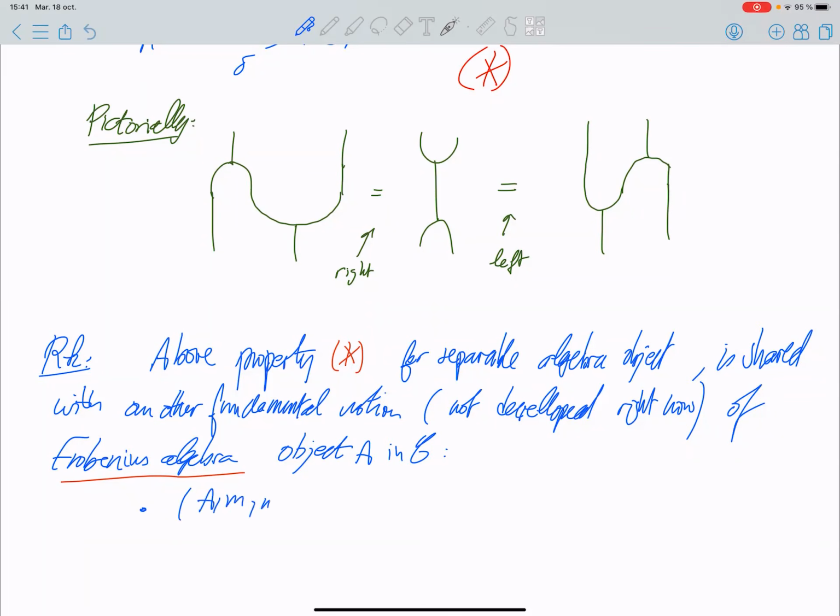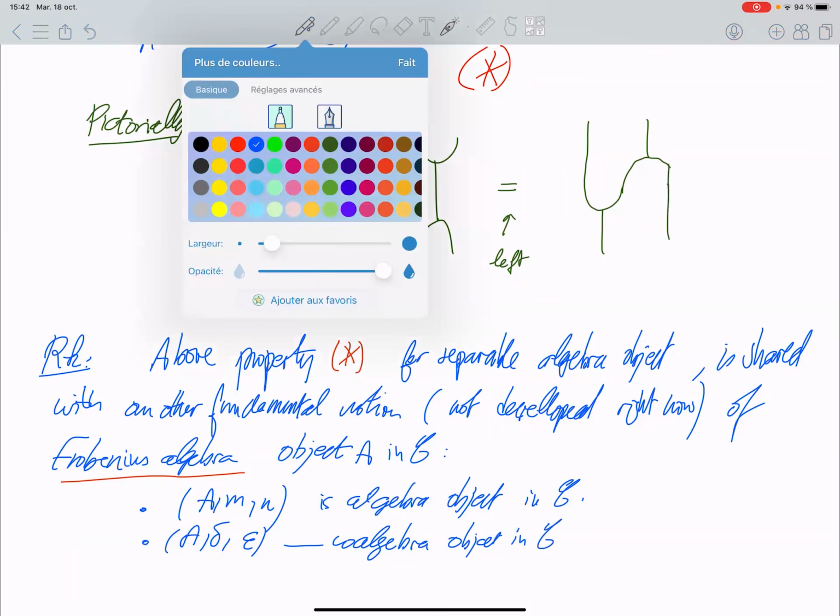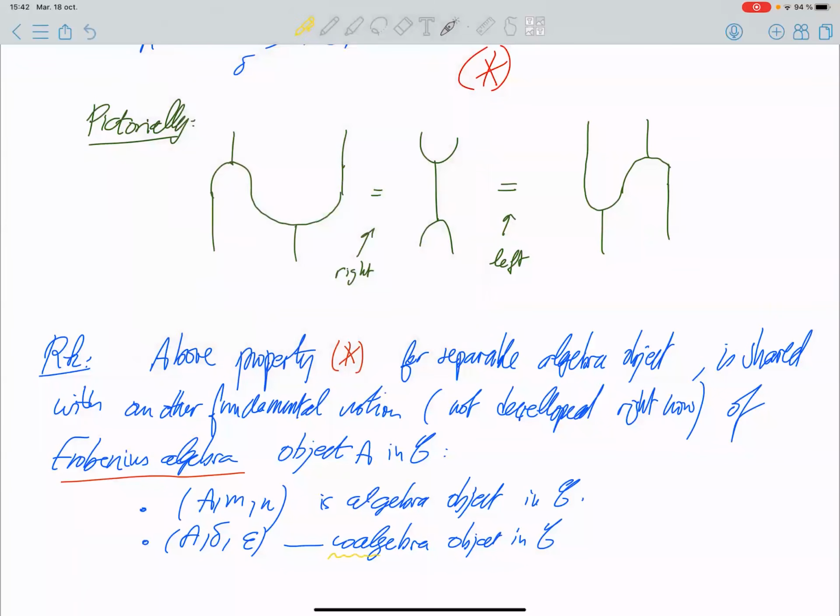So it's an algebra object, and it also has the structure of a coalgebra object. We did not define the notion of coalgebra object, but I guess it is the dual notion of algebra object.